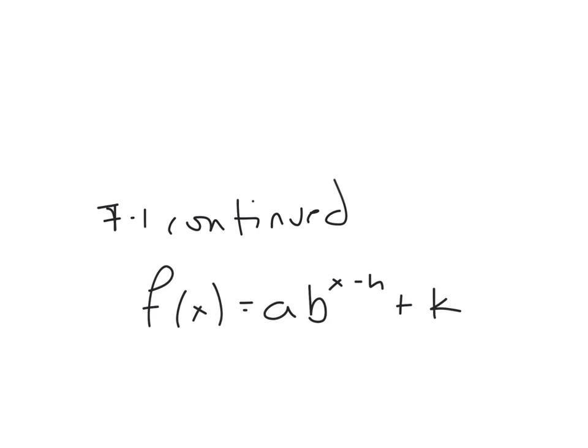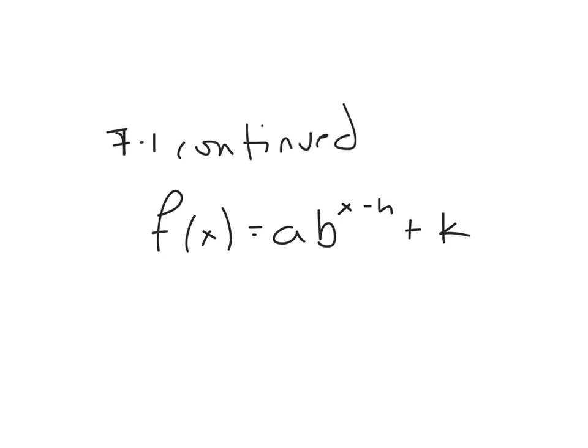Moves it left and right. K does what? Up and down. And a does compress, right? Or stretch. And then if a is negative, it gets flipped or reflected, right? So now let's talk a little bit about what b is and what a difference that makes.